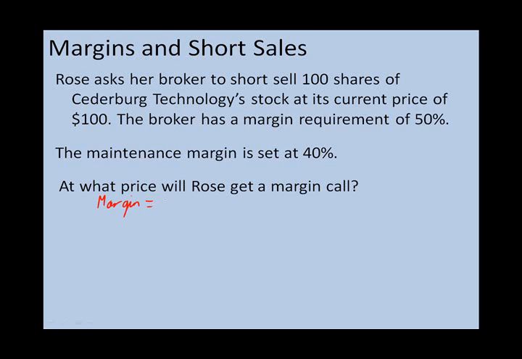So we know that the margin is going to be equal to the cash from the short sale initially plus the capital invested by Rose minus the loan, all divided by the value of the stock.